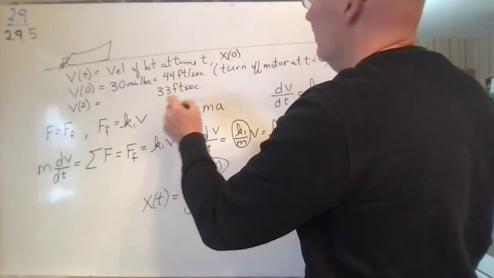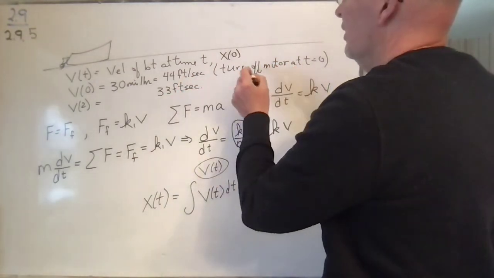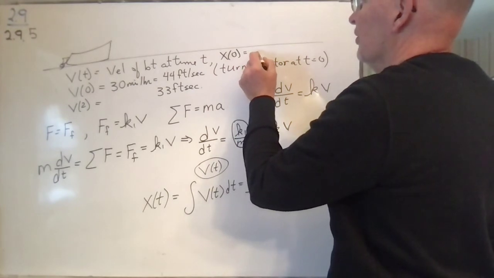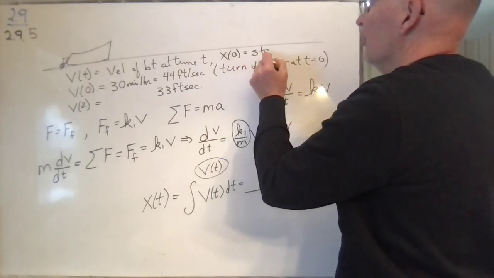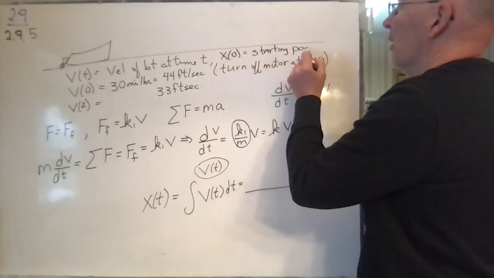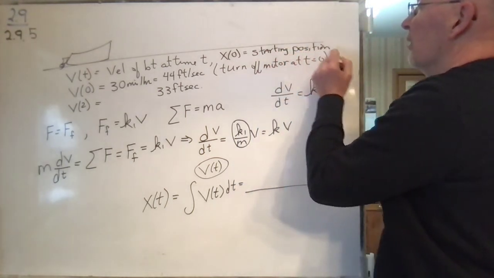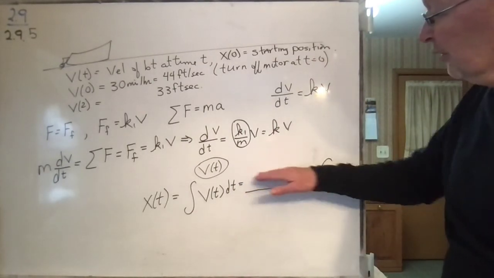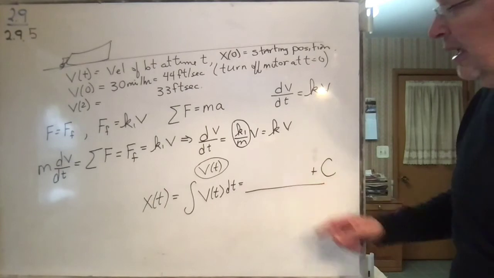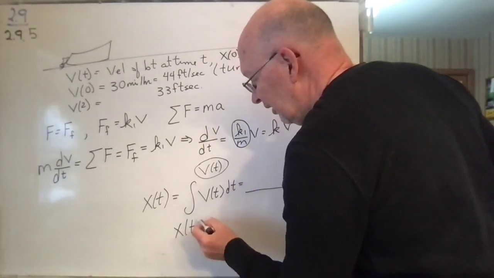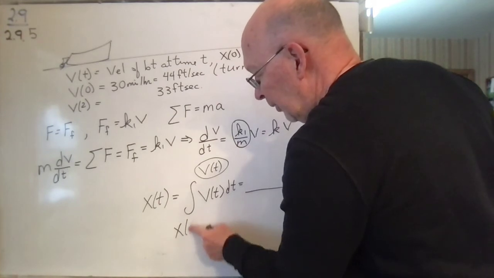Once you have that constant of integration, you can say, let's assume x of 0, well, what do we know? At time equal to 0 is when you turn it off. So x of 0 is the starting position when you turn the motor off. I'll let you go ahead and do that, but I've taught this enough that I know what kinds of problems people have.